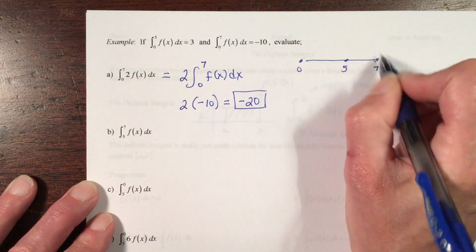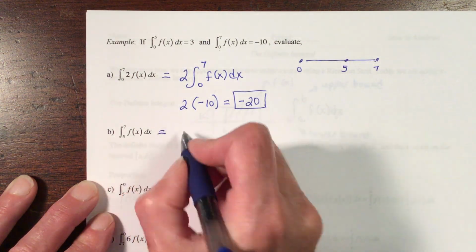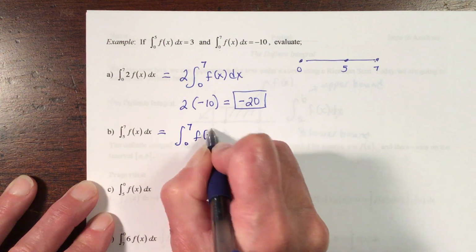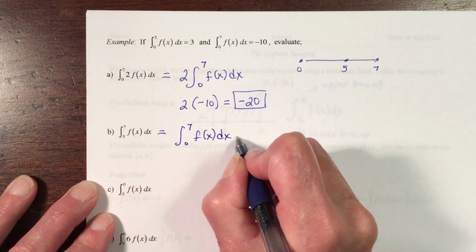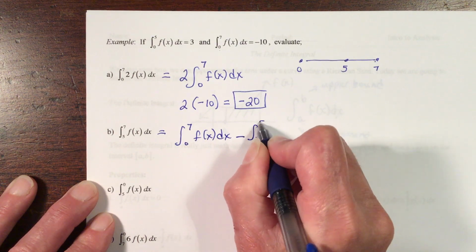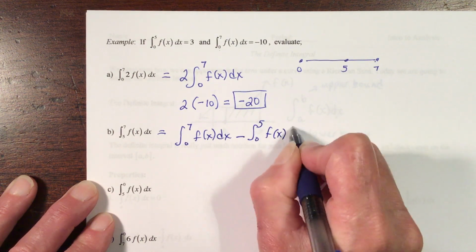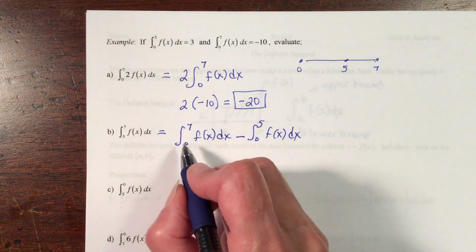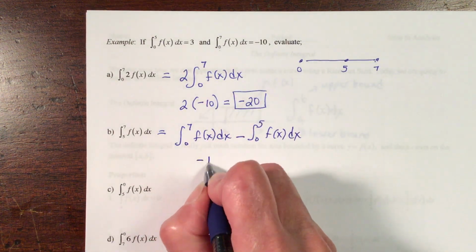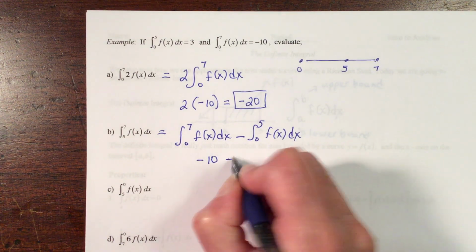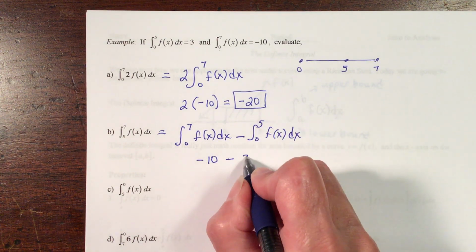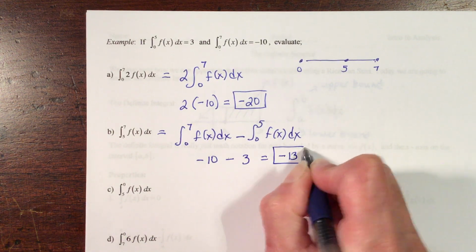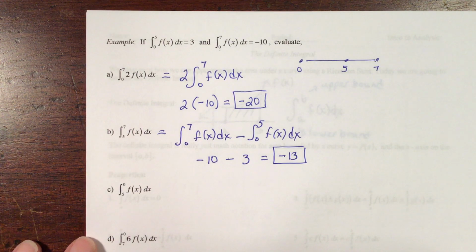If I just want to get 5 to 7, I'm going to take the integral from 0 to 7 of f of x dx, and I will subtract out the integral from 0 to 5. These are how these properties work and help us. So I have the integral from 0 to 7 is negative 10, minus the integral from 0 to 5 is 3. So my overall answer using the properties of definite integrals is negative 13.